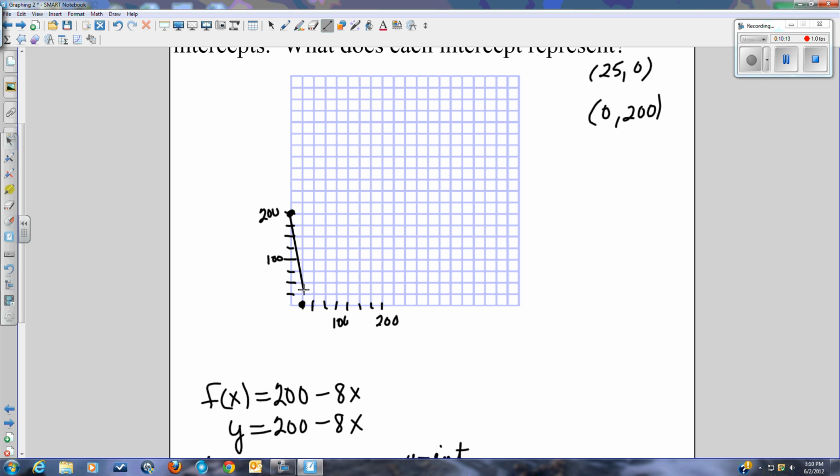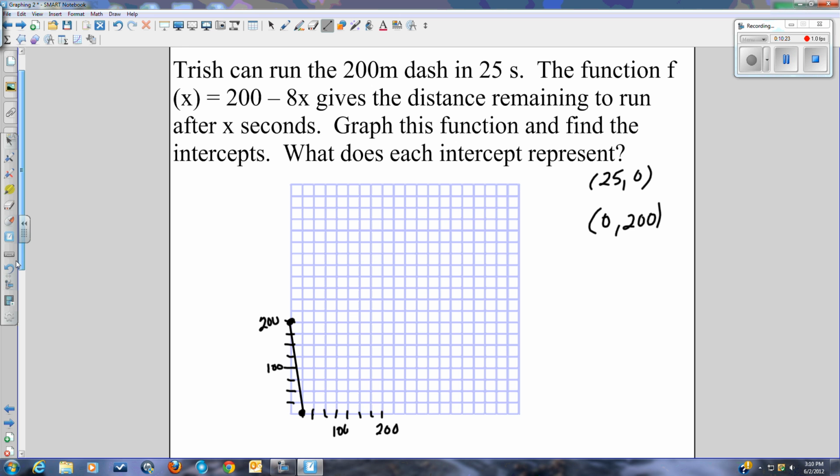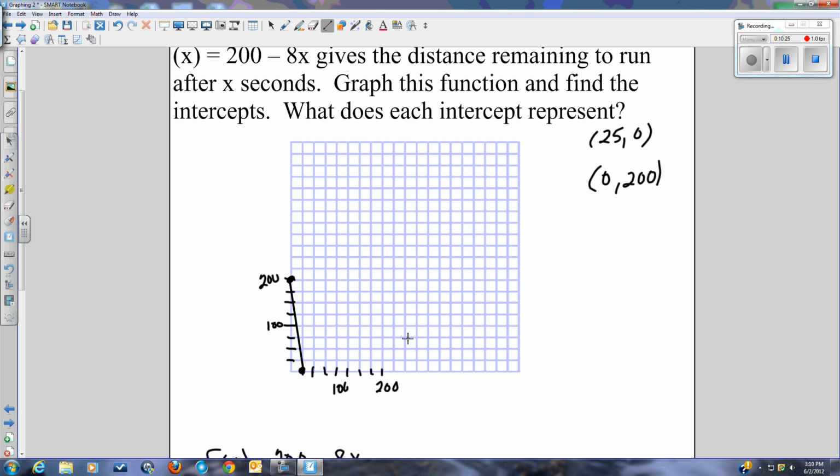But now let's talk about what those things actually represent. We said that x, if you look at the top, stands for the number of seconds. So on the x-axis, we're going to say this stands for time in seconds.